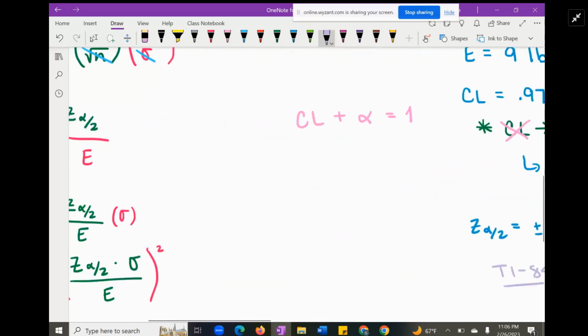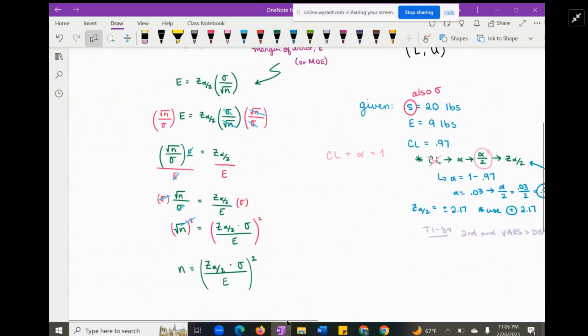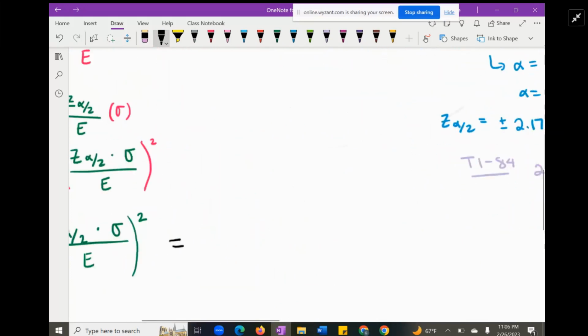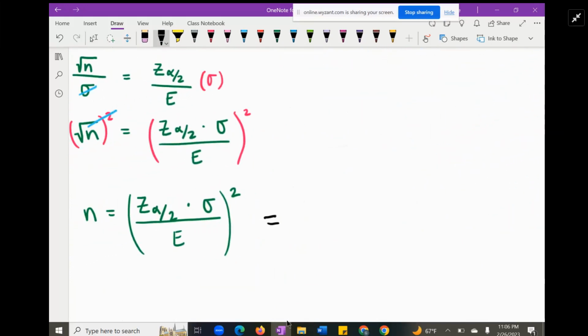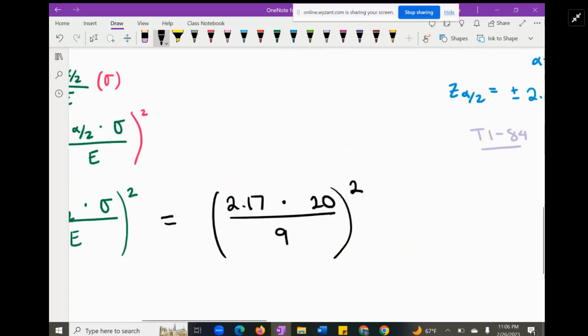Okay, so we have our Z score, and now we can plug in everything into our formula. So we have 2.17 times 20 for the standard deviation over 9, and the whole thing is squared.